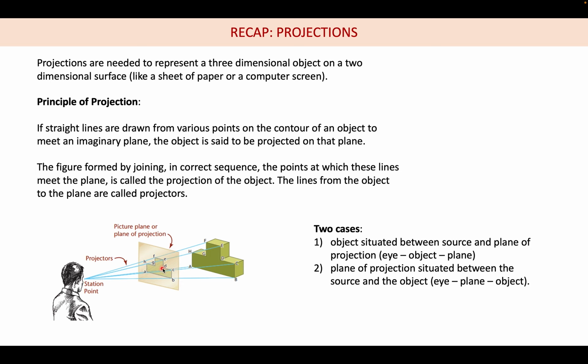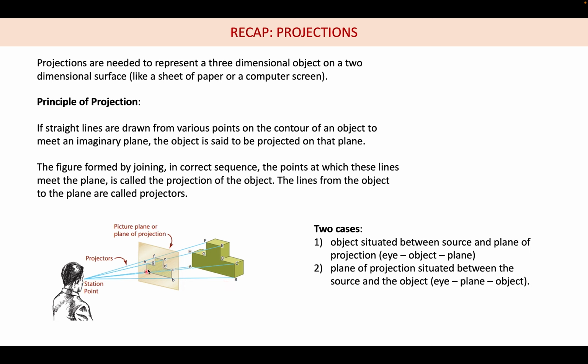This projection is what we will be sketching. It is the figure formed by joining the points at which these lines meet the plane. If you draw a line from this point F, it meets the projection plane at small f. Similarly, if you draw a projection from point E, it meets the screen at point small e.